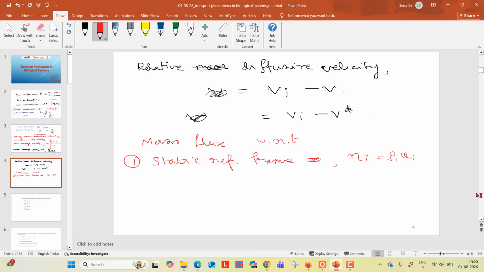If we compare the unit, it will be kg per meter cube, meter per second. So what is it coming to? Kg per meter square second. Mass per unit time per unit area, right? So it is your mass flux with respect to the static frame, right?